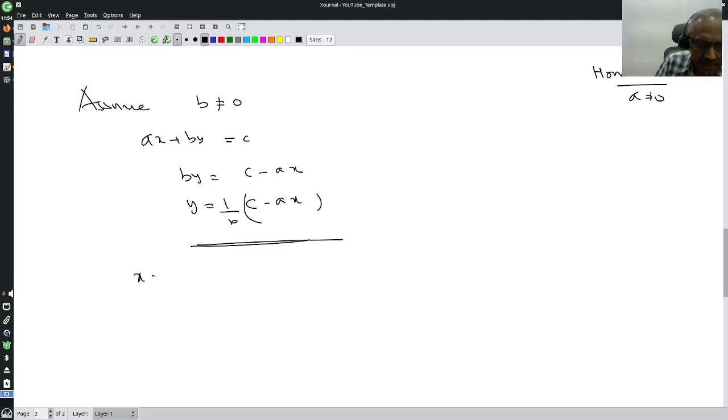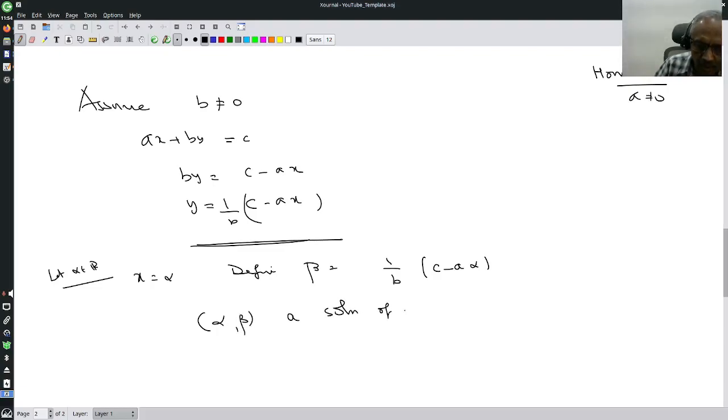If I take x equal to alpha, let alpha be any real number, then define beta by the equation for y, that is 1 by b times c minus a alpha. The ordered pair alpha, beta is a solution of the equation ax plus by equal to c. That is very easy. I have a alpha plus b times beta, which is b times 1 by b times c minus a alpha, and you can see this is equal to c.